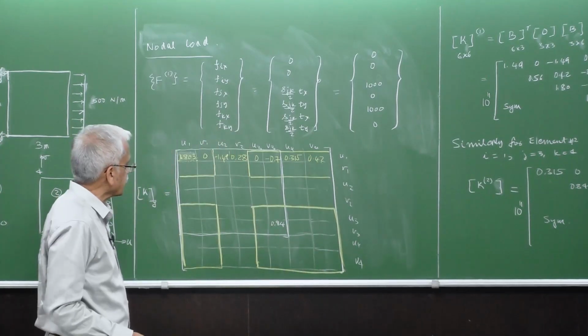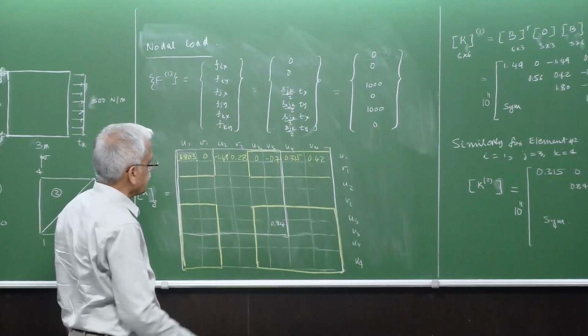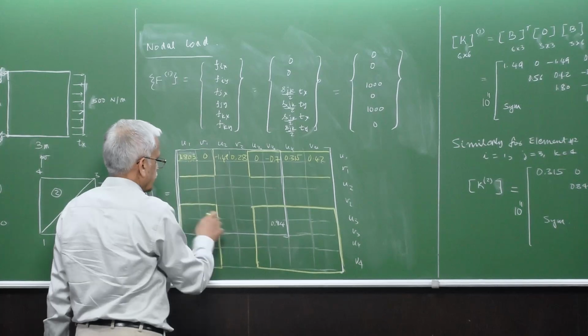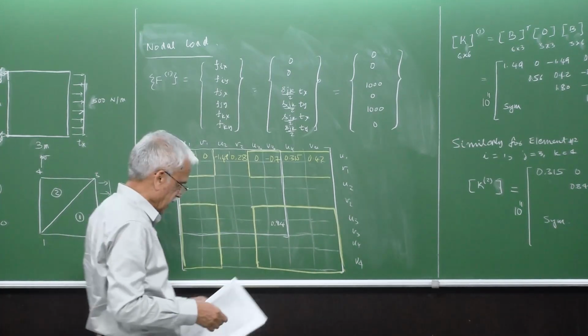Okay, so like this, you can fill up the whole thing. In fact, on this element 1, element 2 will go into these places, so they have to be added.